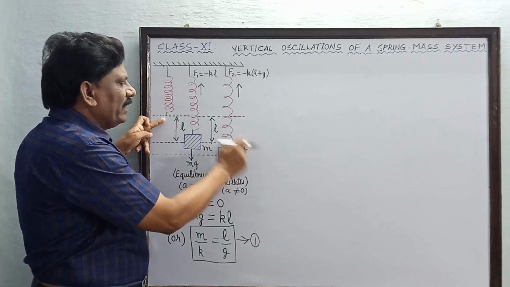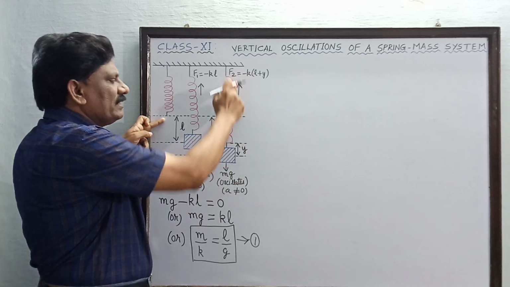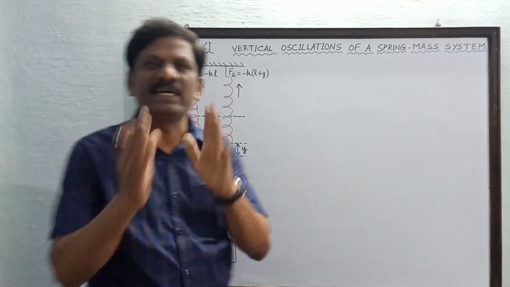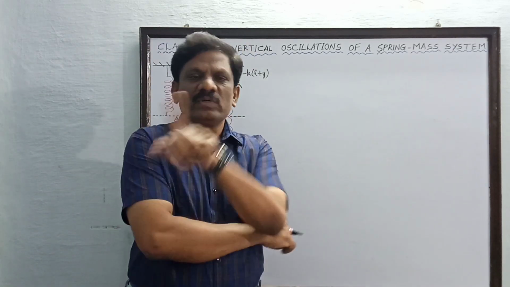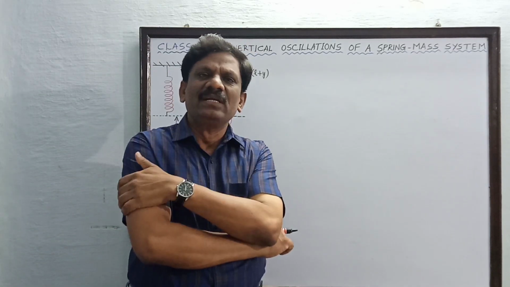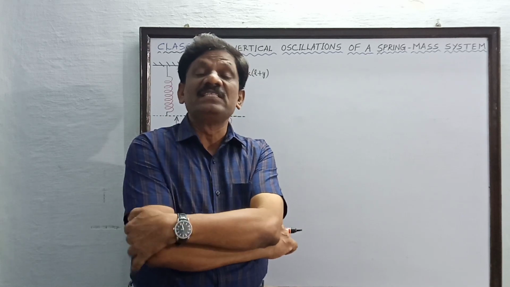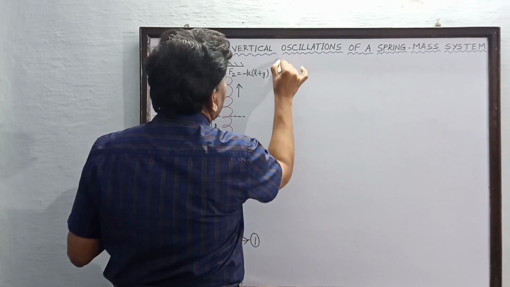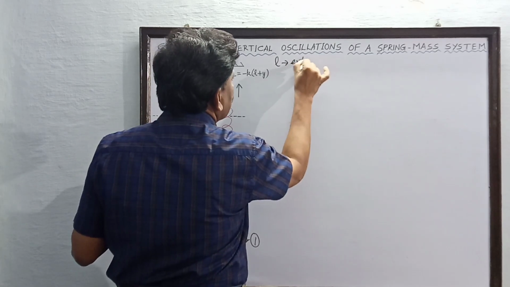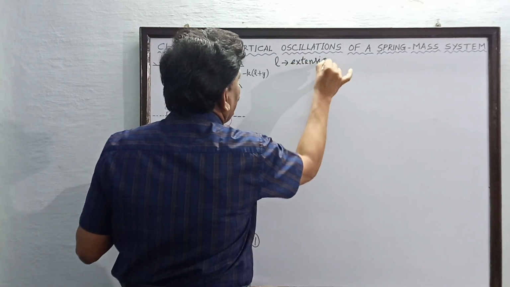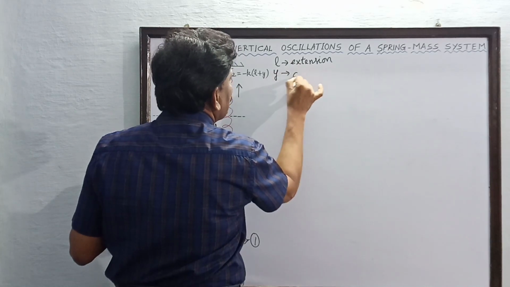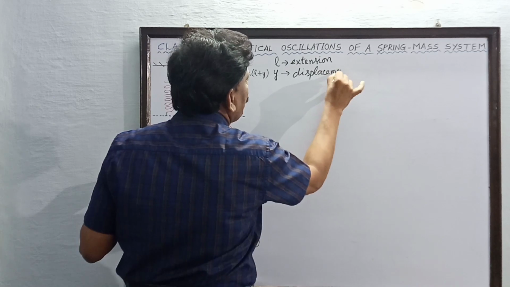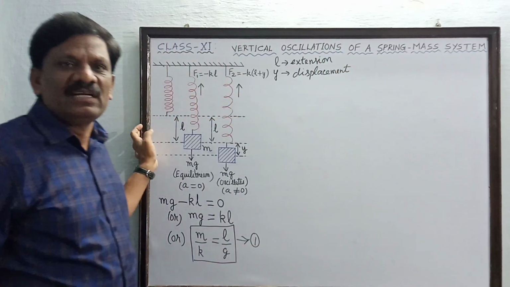So in this third picture, the restoring force F2 is equal to minus k times (L plus y). L is called extension and y is called the vertical displacement along the y-axis, that is, in the vertical direction.